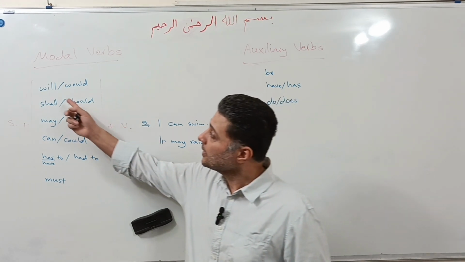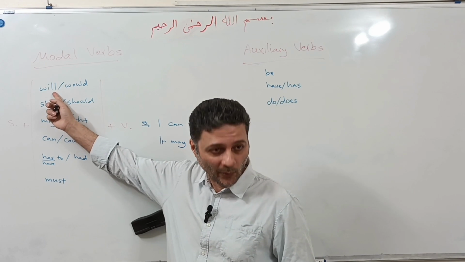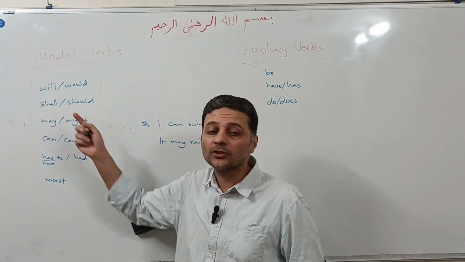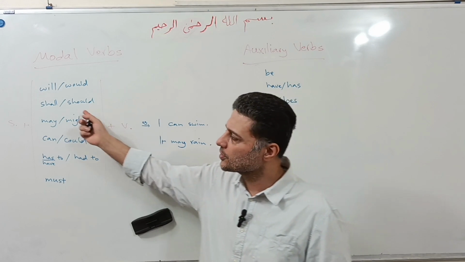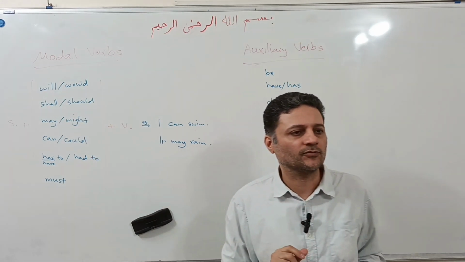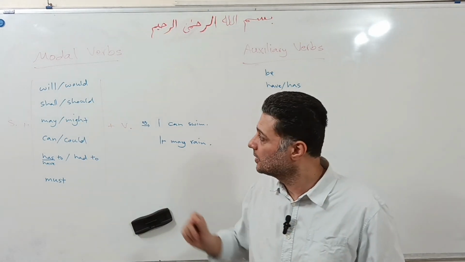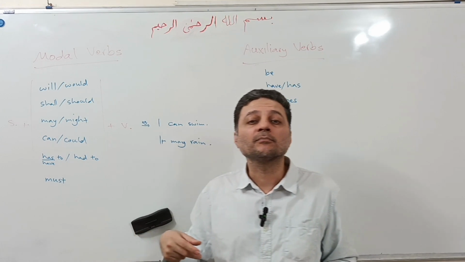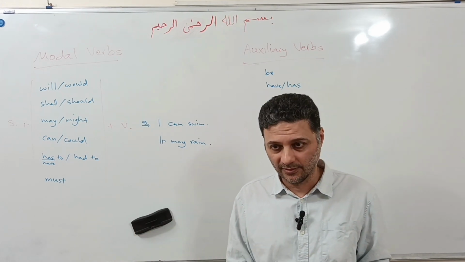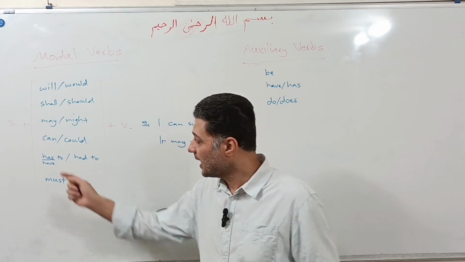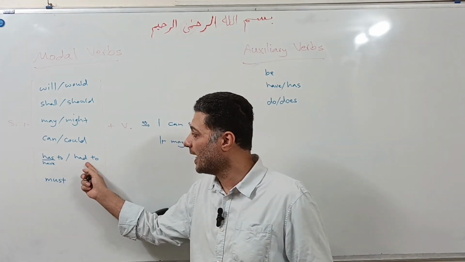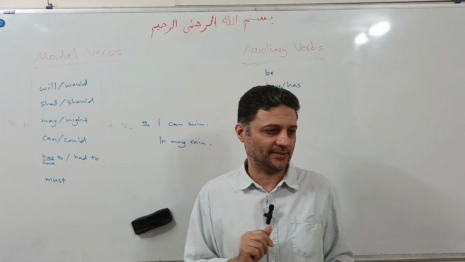So it talks about future, will. Shall, should, they talk about not only future, but also somehow a form of necessity. May, might, probability, possibility. Can, could, ability. Has to, have to, had to, and must, necessity.